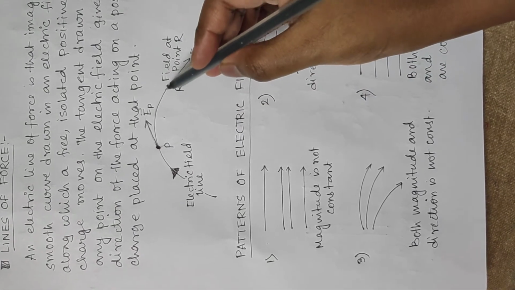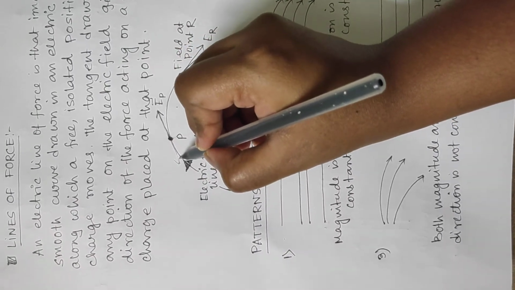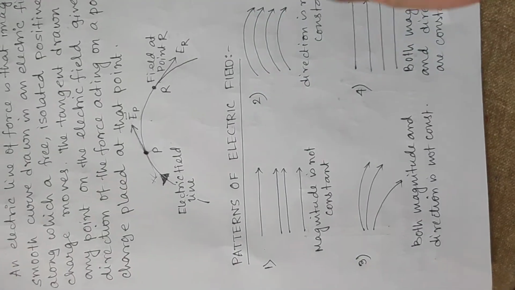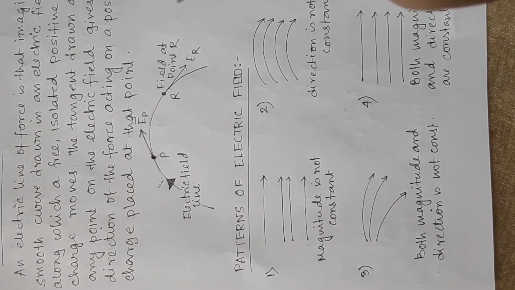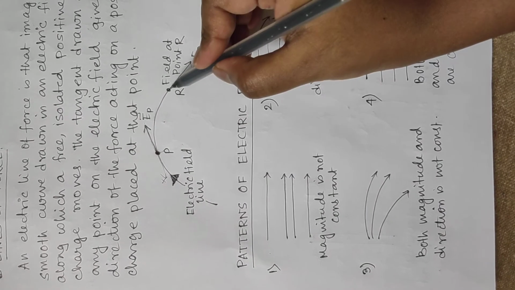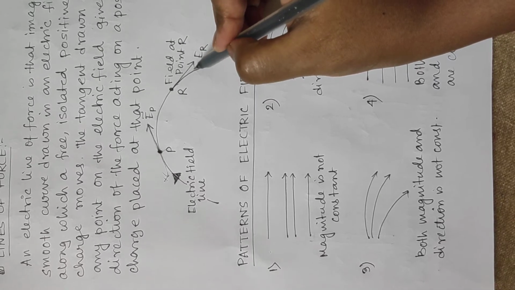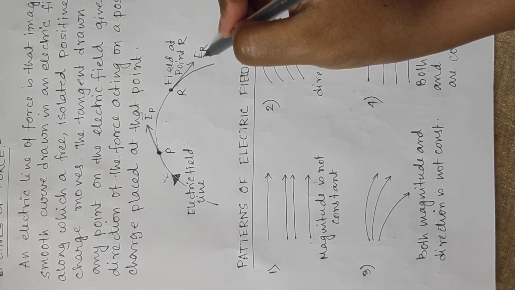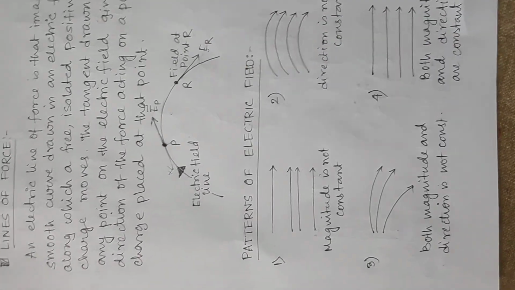The tangent can be in the opposite direction also, but we will not consider this. We will consider the tangent in the direction of the motion of the charge. If the charge comes to this point, we simply draw the tangent at this point, and we come to know that the field at point R is ER and this is the direction.